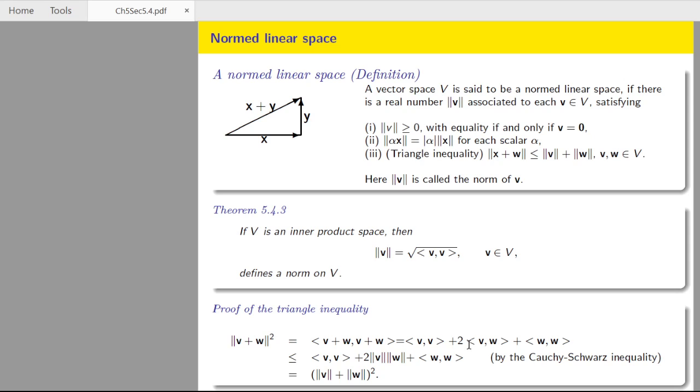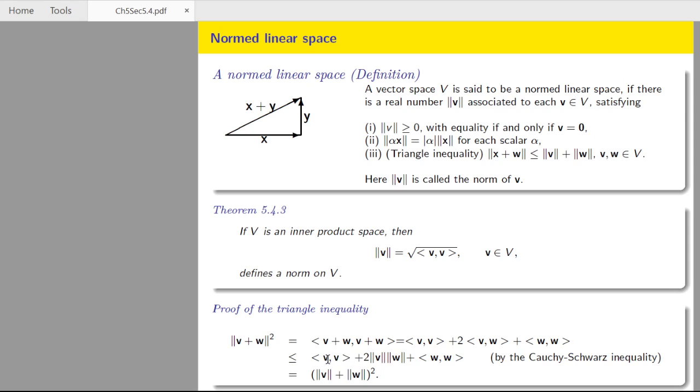Then by Cauchy's inequality, we know the inner product between v and w, if we take the absolute value, should be less than or equal to the length of v times the length of w. So we got this.